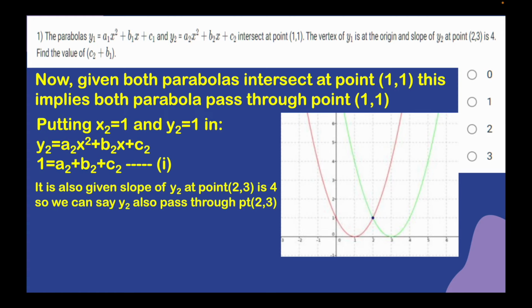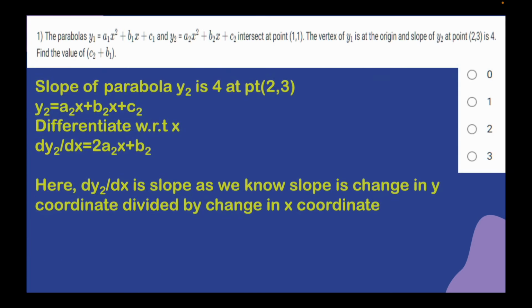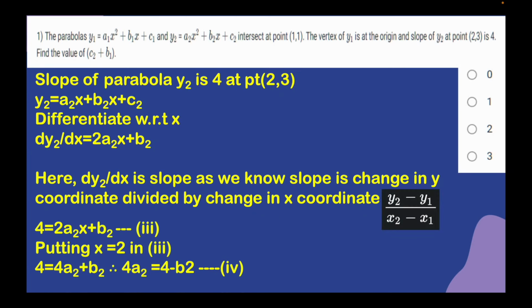We are also given that the slope of y2 at point (2, 3) is 4, so the parabola y2 also passes through the point (2, 3). Putting x equals 2 and y equals 3 in the same equation for y2, we get 3 equals 4a2 plus 2b2 plus c2, which is equation number 2. I know you are confused about why I'm making so many equations, but at the end you will see the end game.